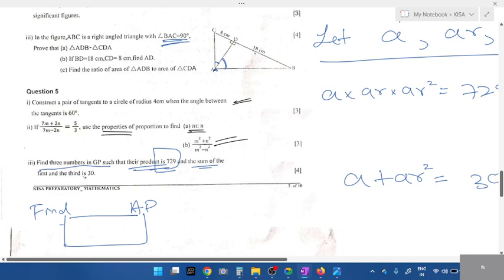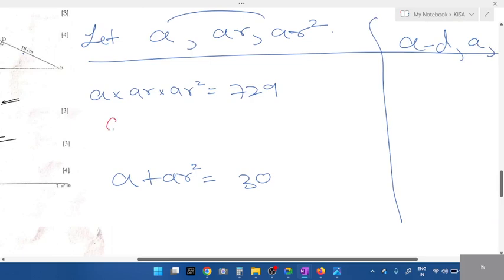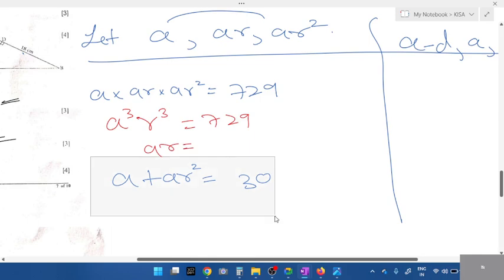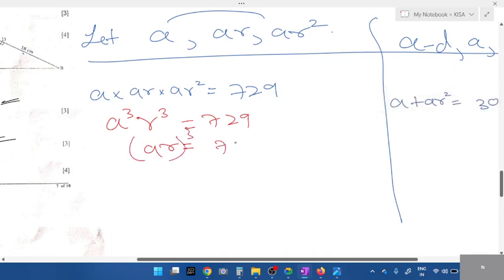In the multiplication, A cube is given. What's the value, students? A cube, and if you multiply R into R square it is R cube. Can I write A into R as 729? I'll keep this aside. AR the whole cube is equal to 729.